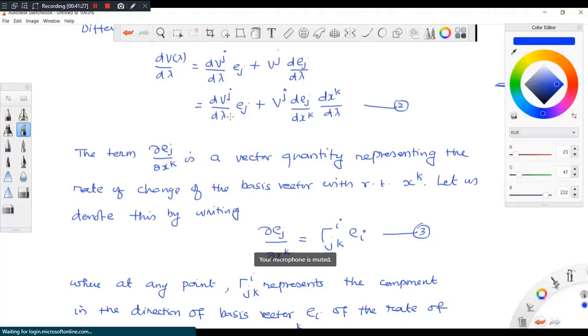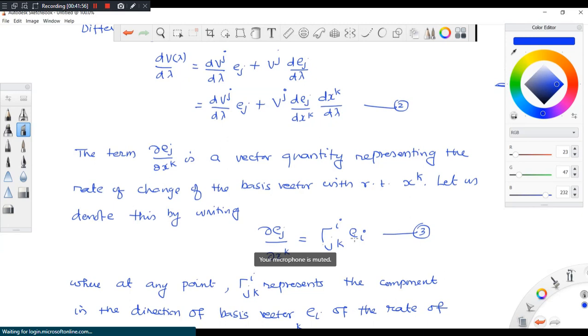This is the component; the component derivative is not a vector, it is a scalar multiplied by it. The coordinates are also not a vector. This is a vector, and that vector I am writing in this form.